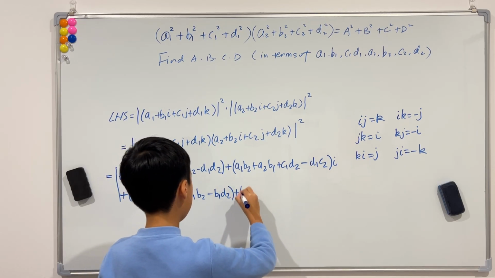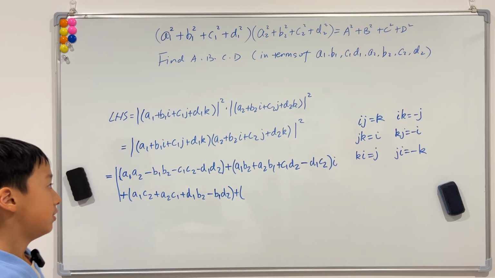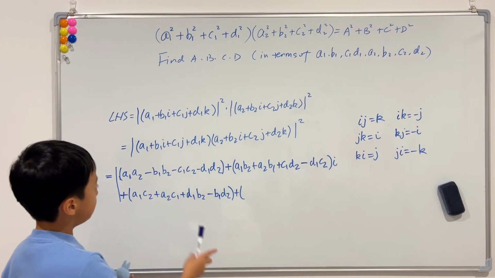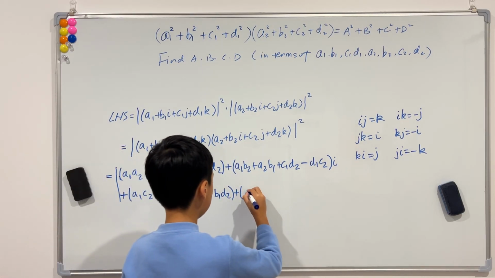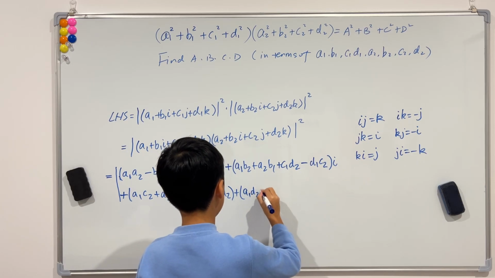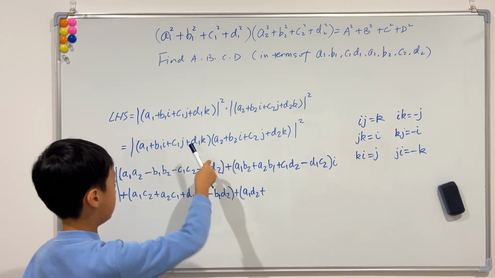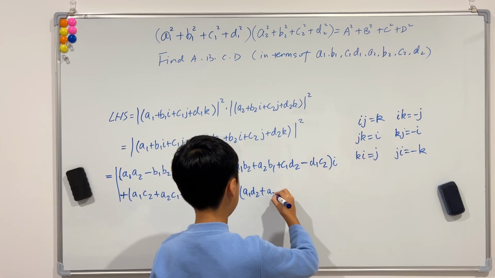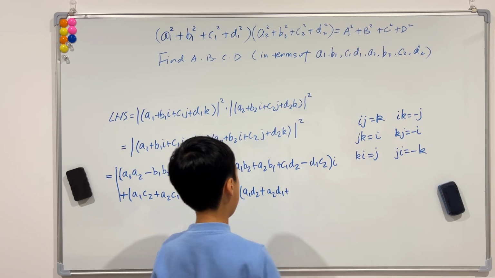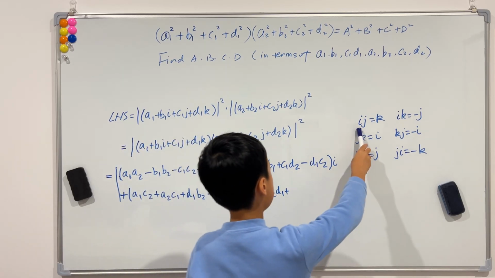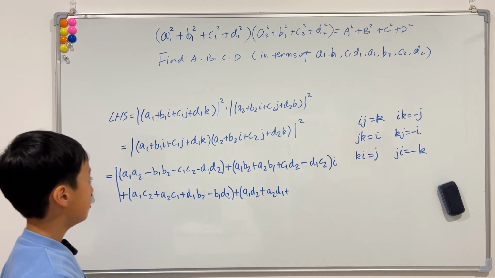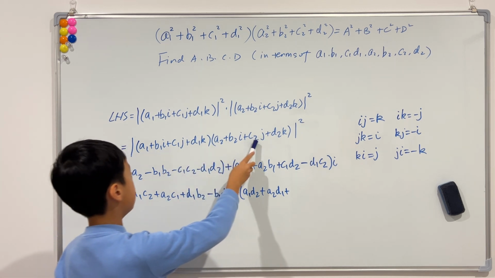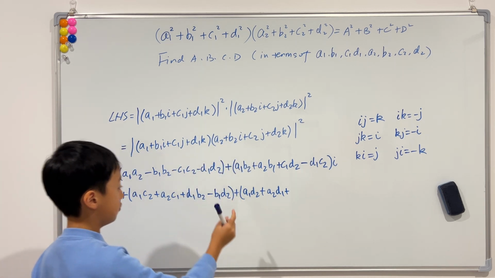Then we add again. Last one, guys, the K term. Again, the two easiest, A1 D2 and A2 D1. And for K, we have I times J is equal to K. So we find the I and the J, so it's B1 C2.